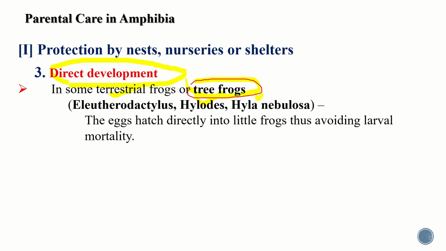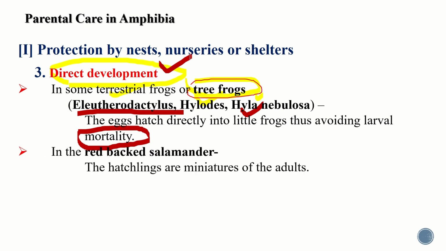The eggs hatch directly into little frogs, thus avoiding larval mortality. This is a very safe method of caring for the eggs. Here we find direct development, where the eggs develop directly into the small ones.